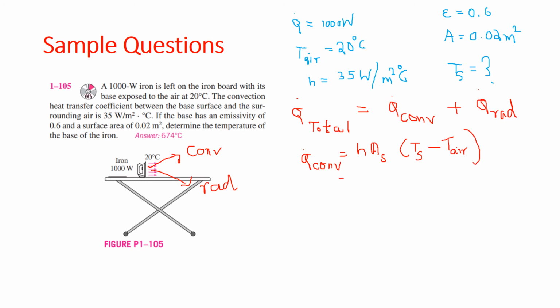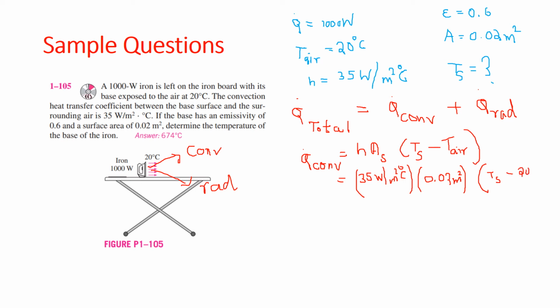Okay, we know what h is. h is 35 watt per meter square degree Celsius. This is our h, multiplied by the area, which is given, 0.02 meter square, times Ts, which is unknown to us and which we need to find, minus T air, which is known to us, 20.